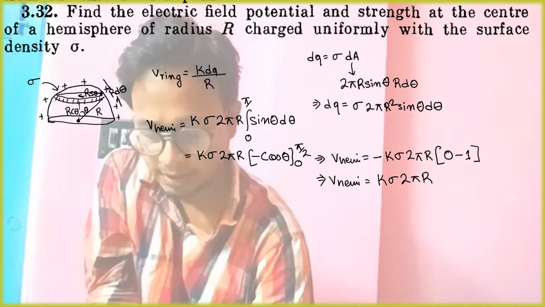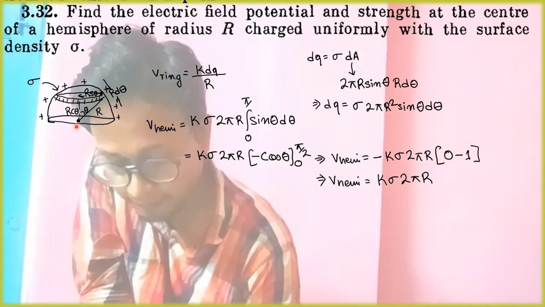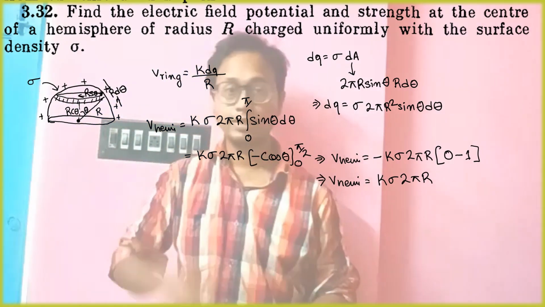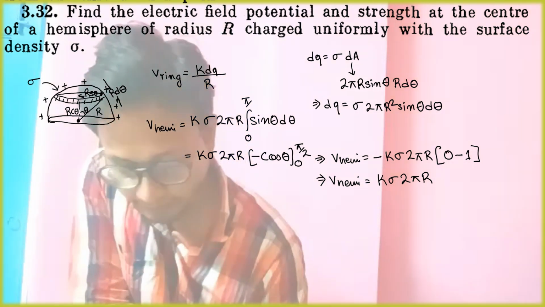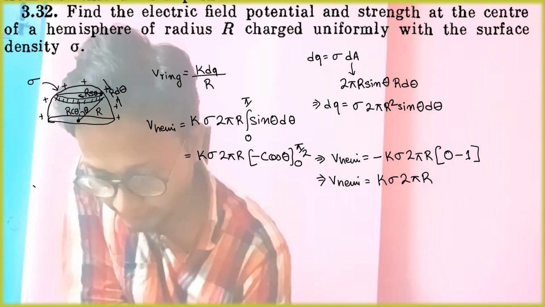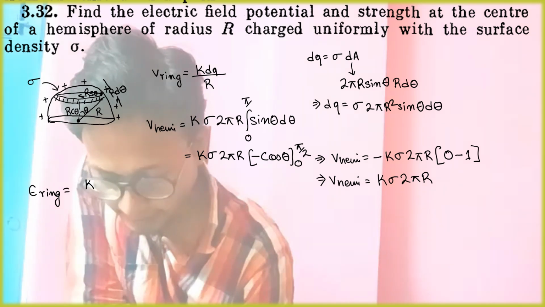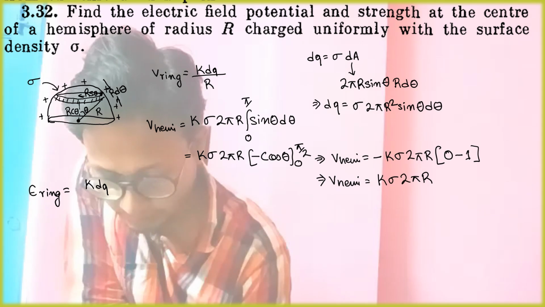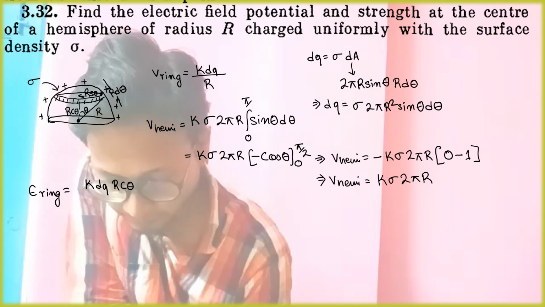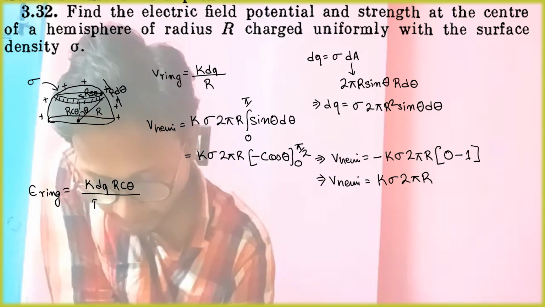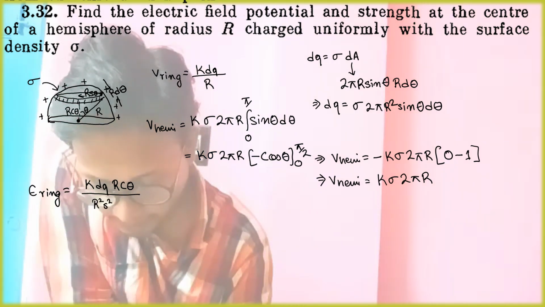Now I also have to find out the electric field at this point due to this ring. What is the formula for electric field due to a ring? The electric field due to a ring was given by k dq x, where x is R cos theta, divided by R square plus x square, to the power 3 by 2.